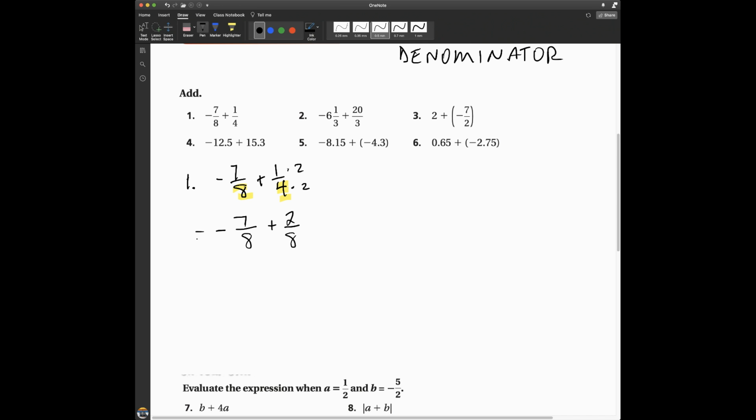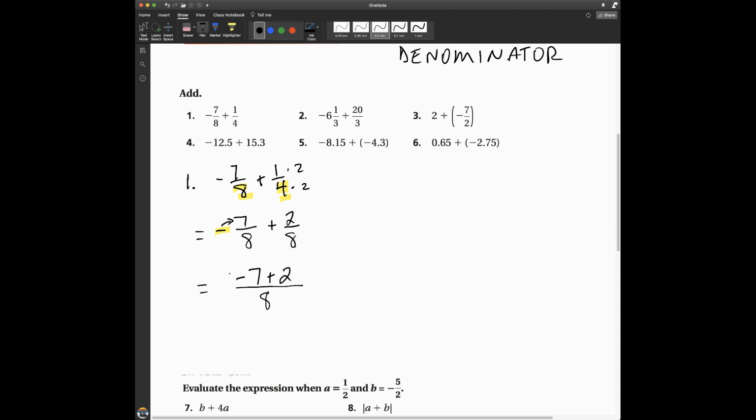And then what I'm going to do, now that I have a common denominator, I'm going to combine the numerators. And this negative sign right here is going to attach itself to the 7. So now it becomes negative 7 plus 2.